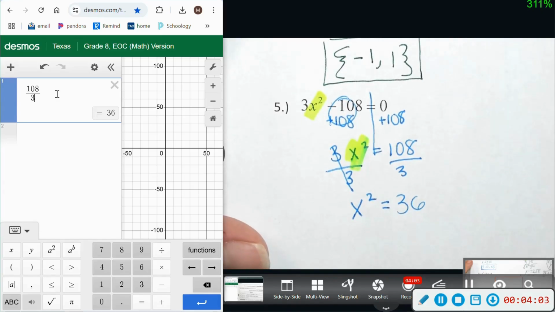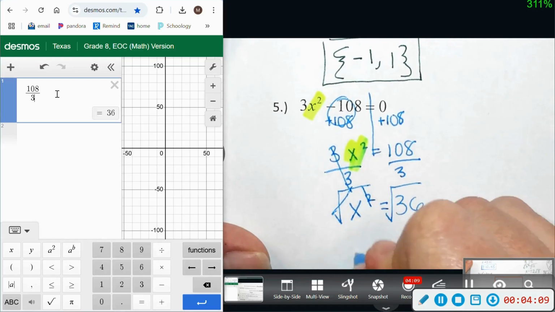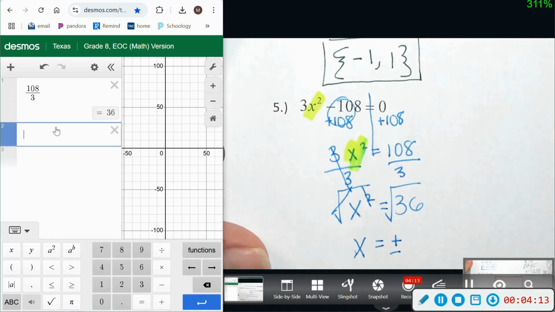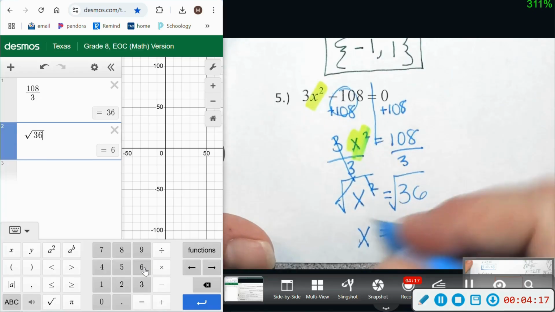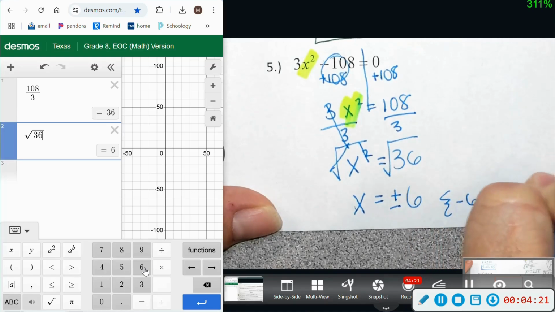Square root. So square root cancels my squared, and I get x equals plus or minus something. So remember, we always check it in the calculator first. And what's my answer? Positive and -6, right? So we have -6, comma 6.